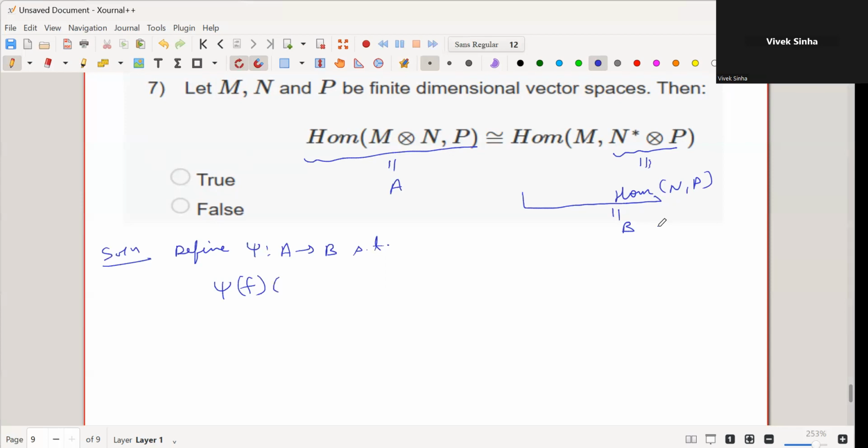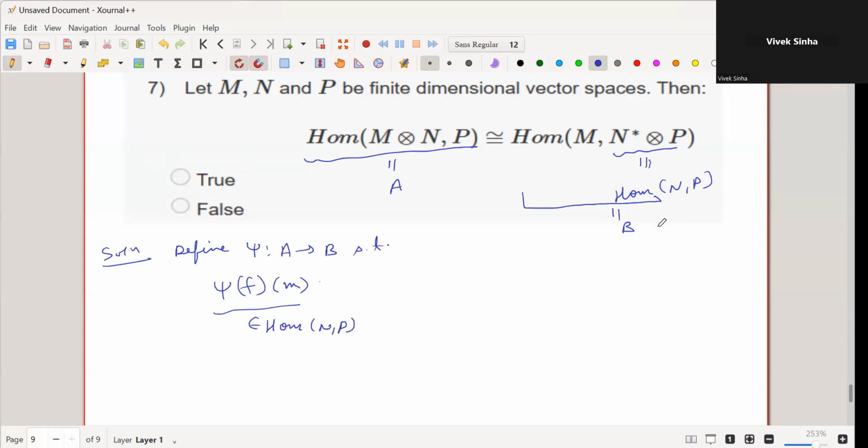So psi(F)(m) should be inside Hom(N, P), because it should be a homomorphism from M to Hom(N, P). It should map each element of M to a homomorphism from N to P. So psi(F)(m) is an element of Hom(N, P).